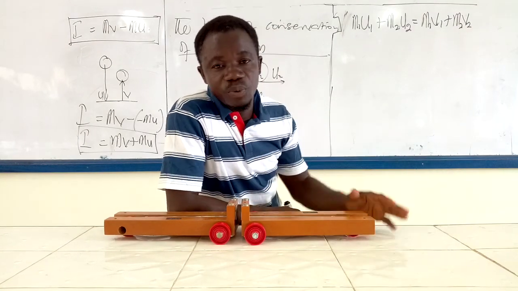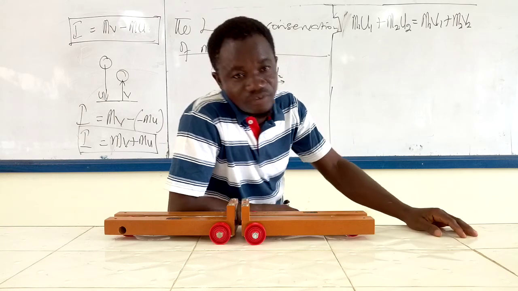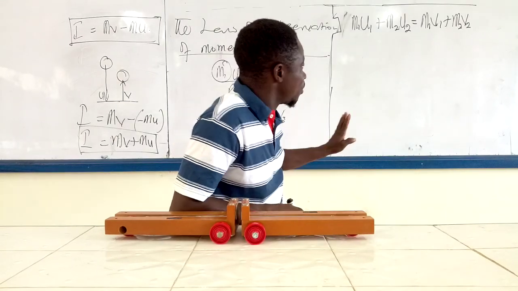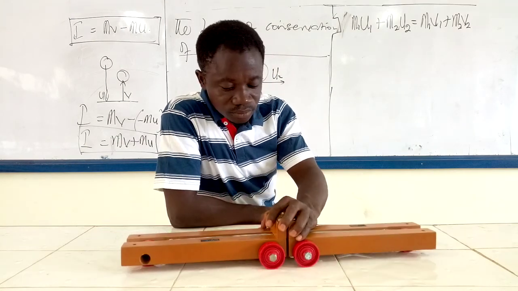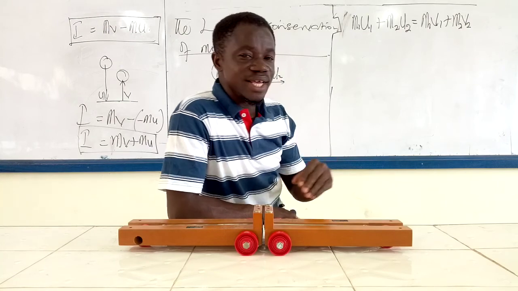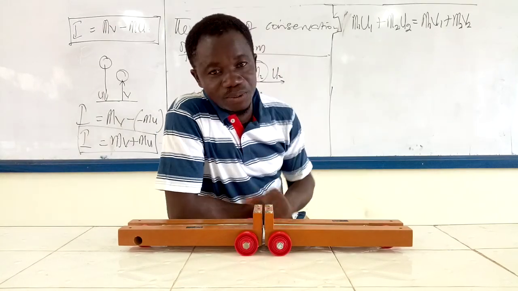At your level, you're only supposed to know linear momentum. We also have angular momentum and some other stuff, but for this particular topic, we are dealing with linear momentum. Good. So in our next discussion, we will look at this in detail.